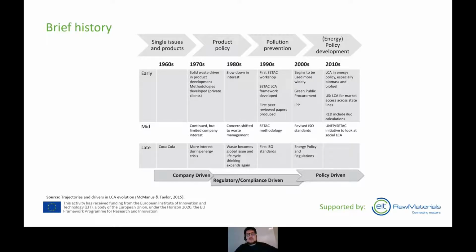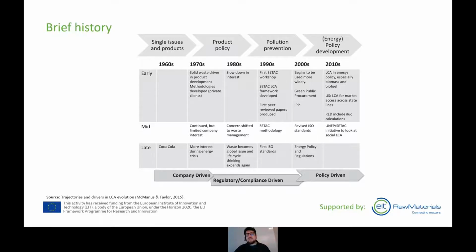But in terms of the methodology, this did not start now, it was a few decades ago. Actually, it was in the early 60s when big companies like Coca-Cola started making some analysis of the products in the factory, because they wanted to analyze, on one hand, the energy they used, and on the other, the residues and wastes that they generated.